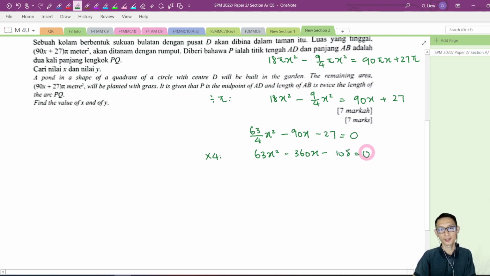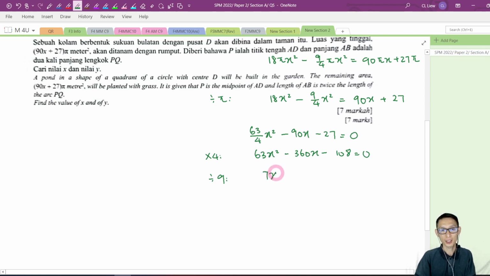You can actually press your calculator to get the value of x if you don't want to multiply by 4, that is okay. Now I'm going to show you how to do it without using the calculator. Here I'm going to divide the whole equation by 9. If you don't want to, you can just key in your calculator to help you do the factorization.